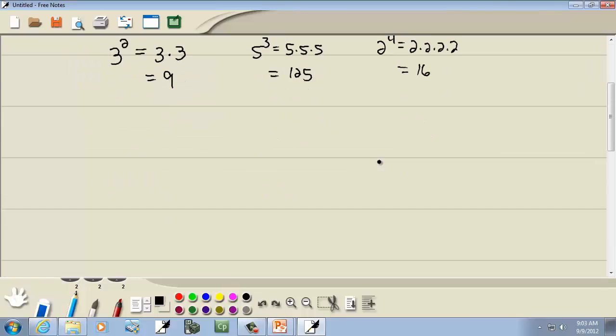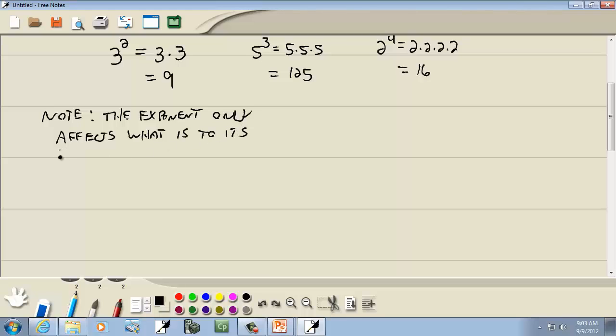Now we've got a note that goes along with exponents. The exponent only affects what is to its immediate left, unless there is parentheses.